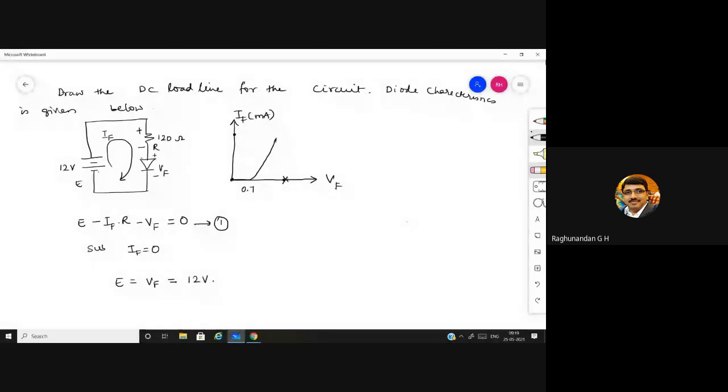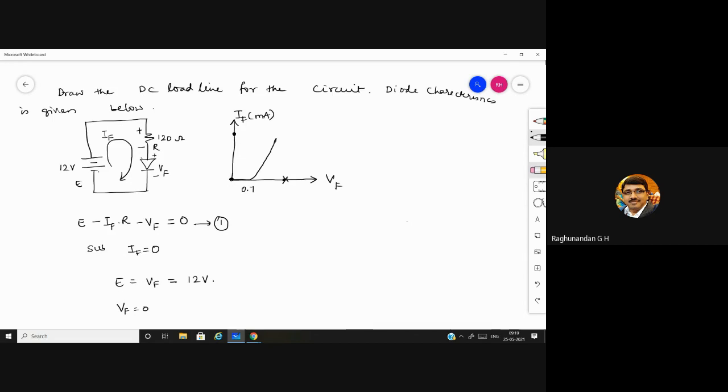In the same way, to get a point along the y-axis, we substitute VF equal to 0, because to get this point along the y-axis, the x-axis value is 0, right? The VF will be 0.